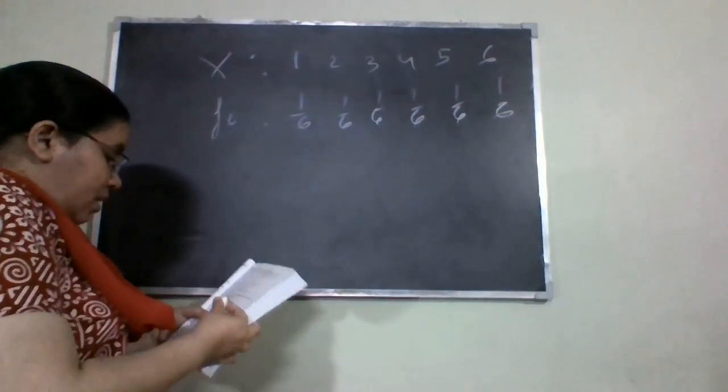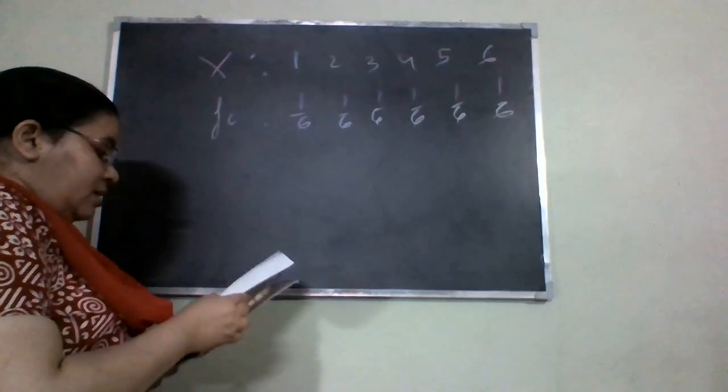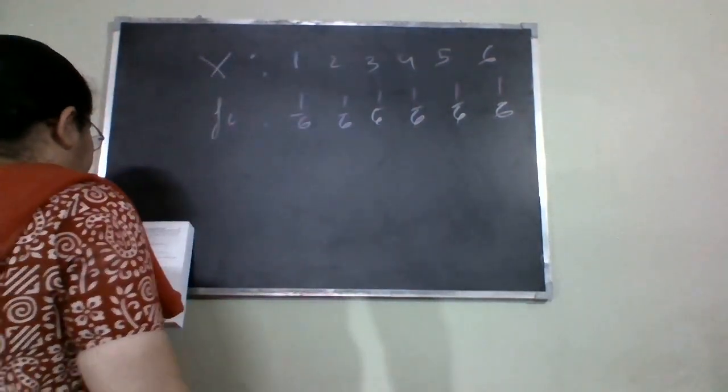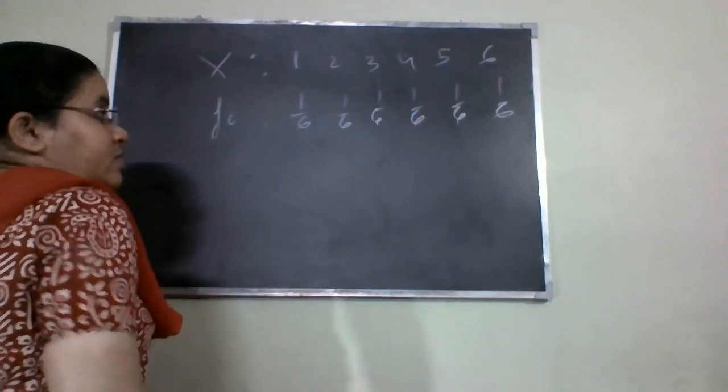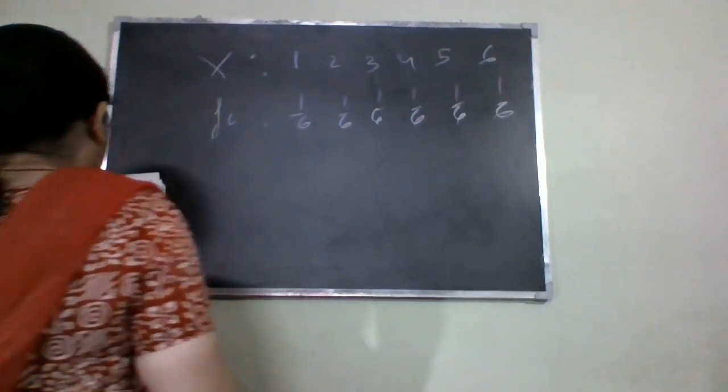Now let us calculate the cumulative distribution function for this. When I have not started tossing the die, P of x is equal to 0. So how will I write it?